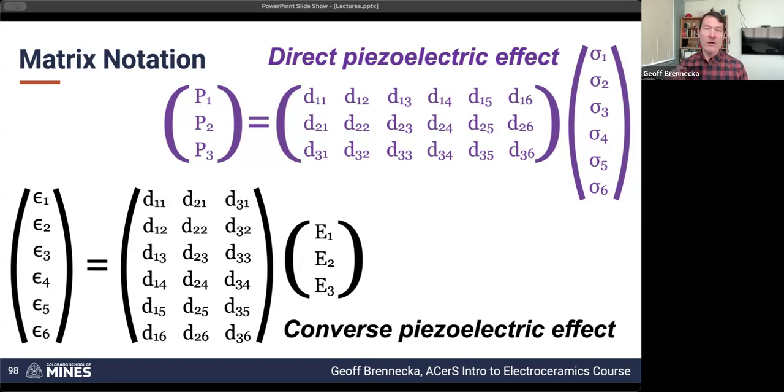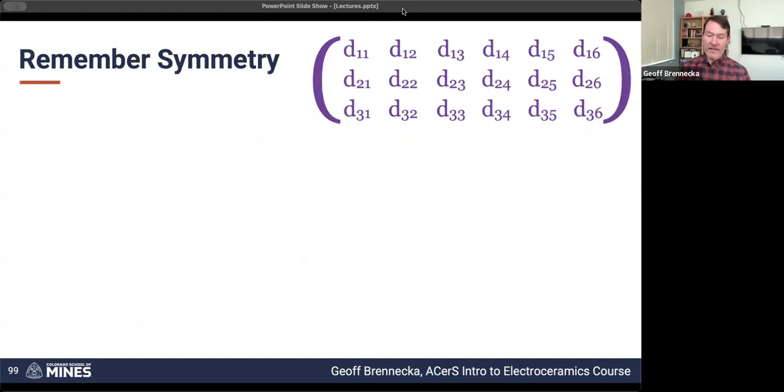Now all we need to do is remember this is all just math at this point. This is the way that you don't have to know anything at all about the material at this point. This is just an arbitrary matrix. This is how it would work out. But now we know that we can add in symmetry. So if we take that D matrix, we've got a 3 by 6 matrix, which is really just representing the 3 by 3 by 3 matrix that we simplified earlier.